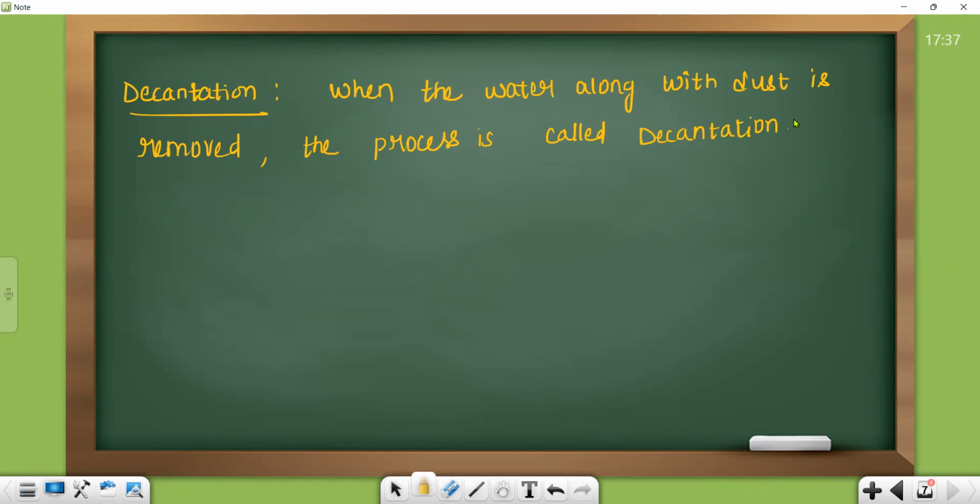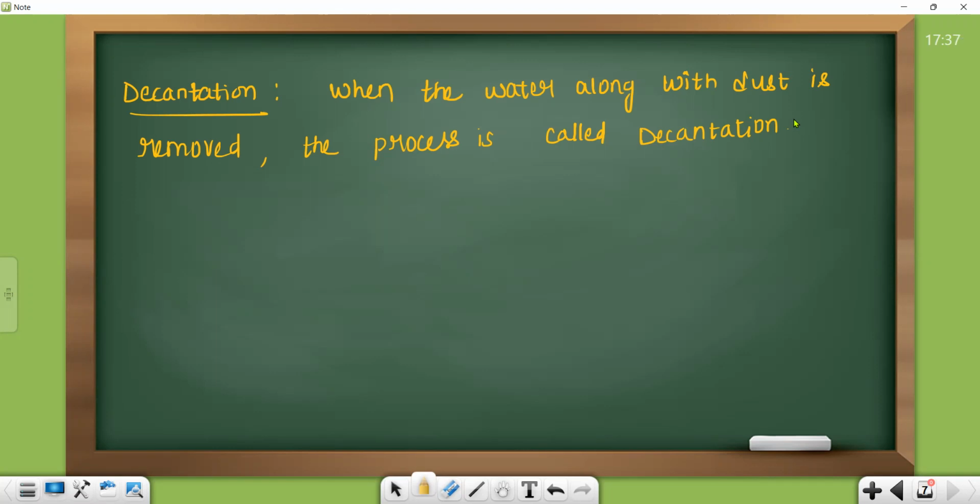Yes. So it depends on the mixture you are taking. For water and sand, a strainer is enough, right? It depends on the particles or the components present inside the mixture.